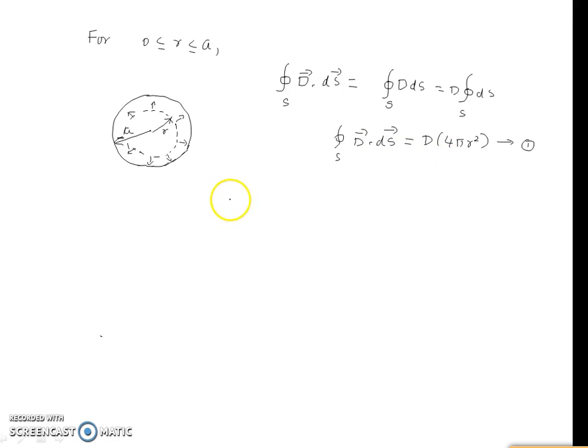Now we need to find out the charge enclosed within this Gaussian surface. So the charge enclosed is given by the integral of rho v dv, and here the charge density is not a constant. It is given by rho naught into r by a. This is the volume integral.